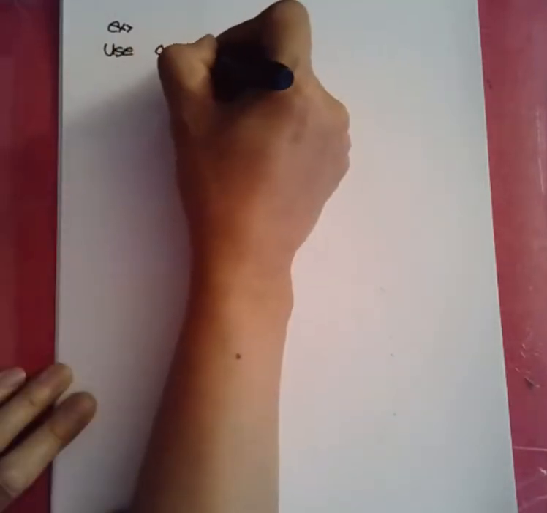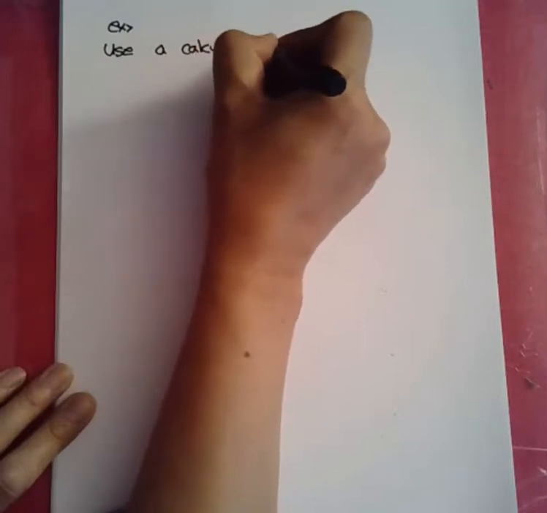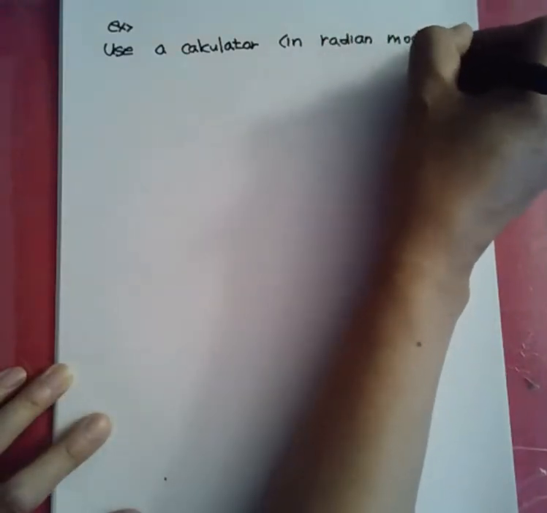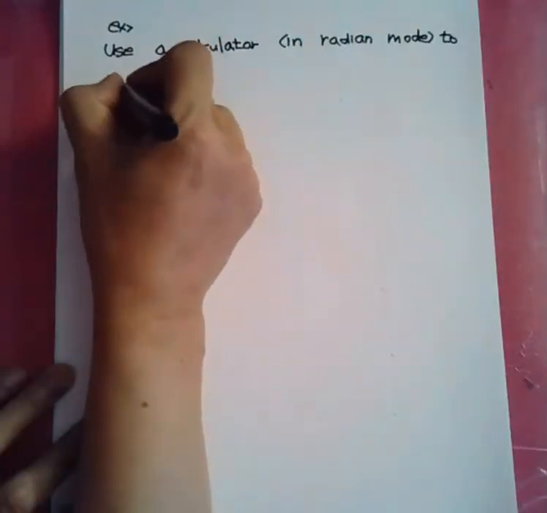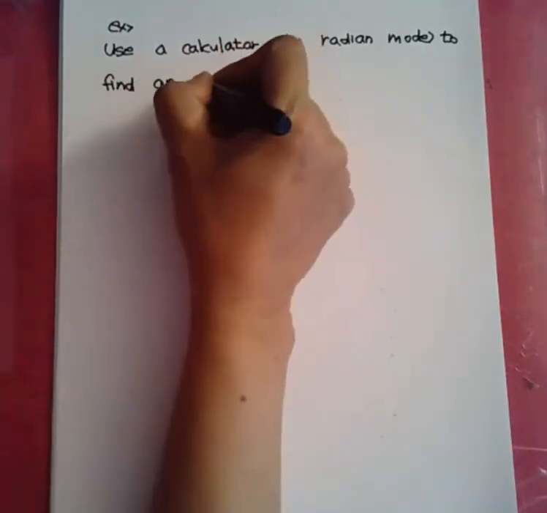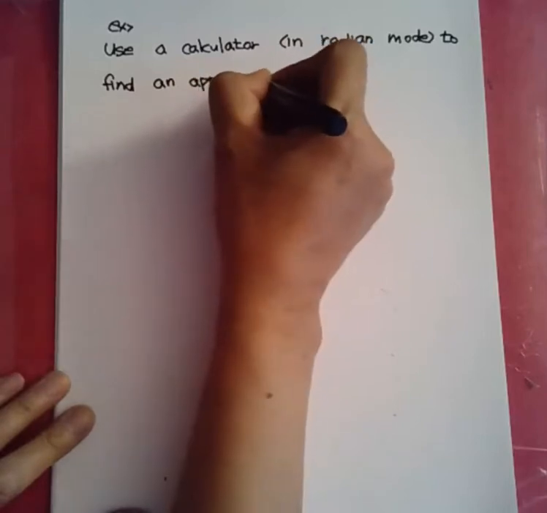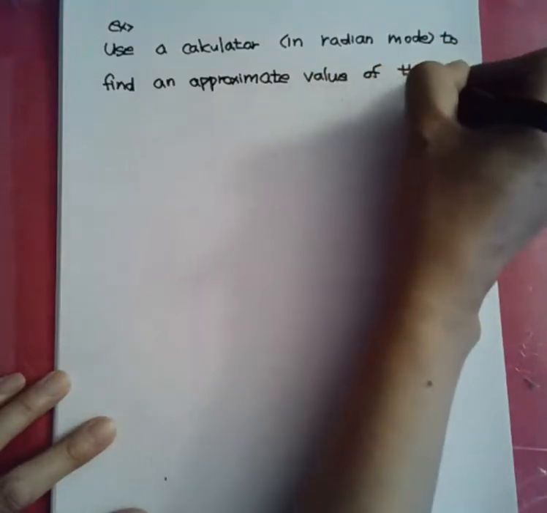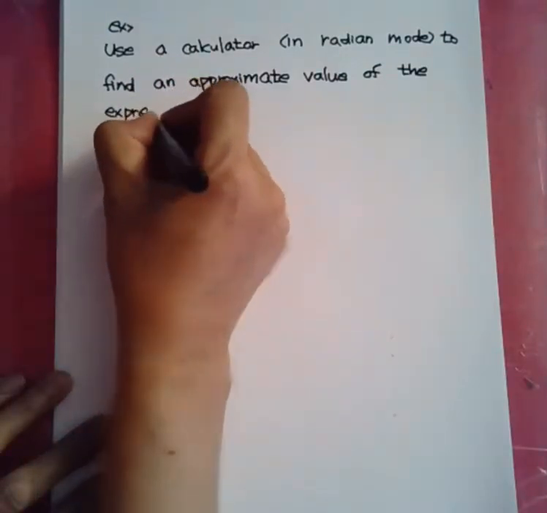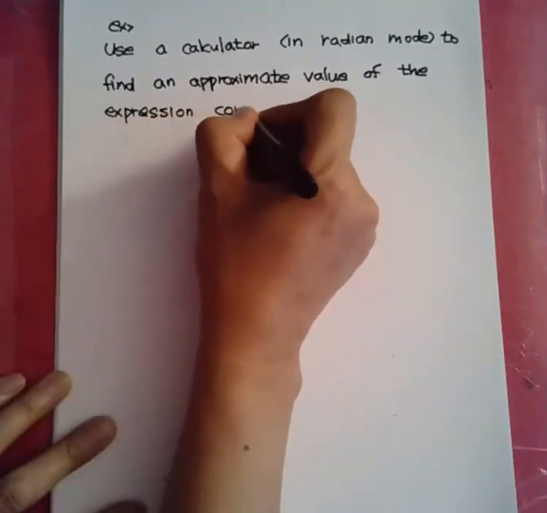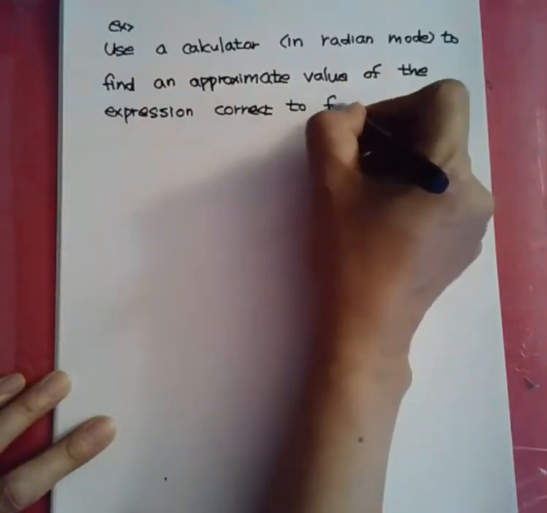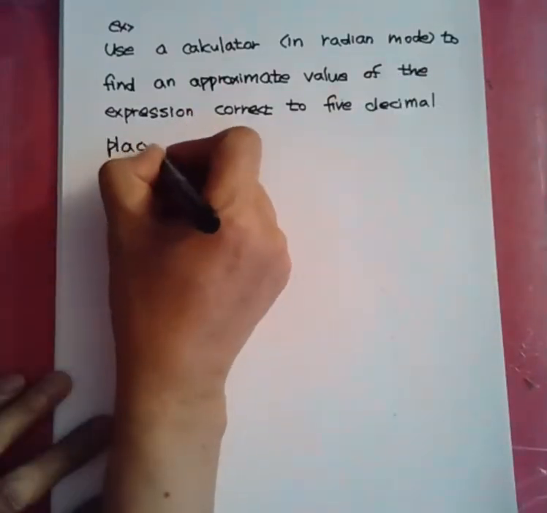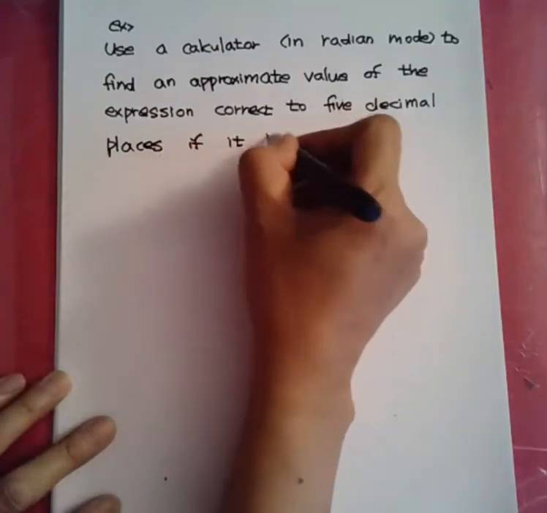Use a calculator in radian mode to find an approximate value of the expression, correct to 5 decimal places, if it is defined.